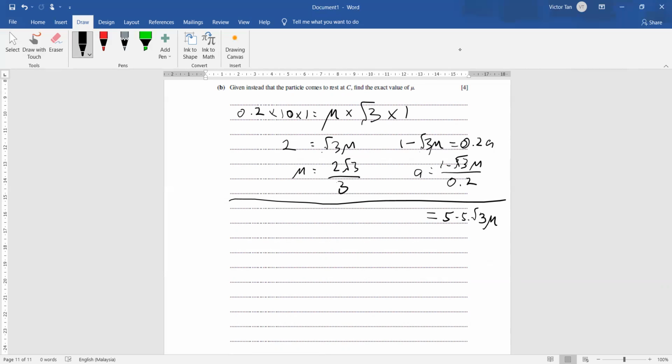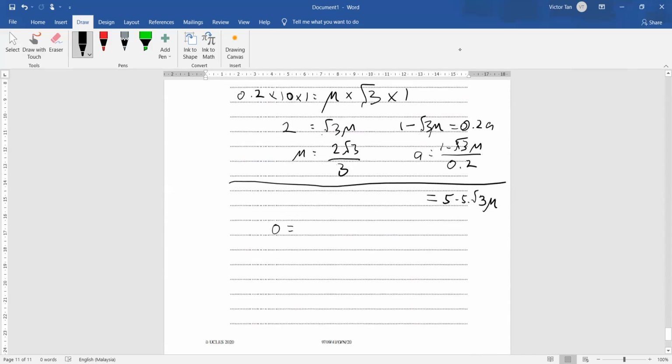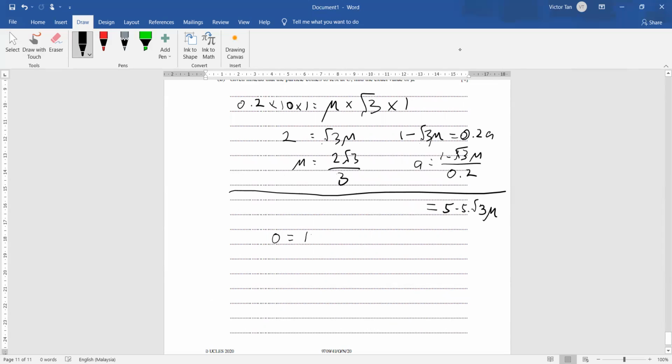So again, your final speed is 0, equals u squared, which is the same thing, 10, plus 2a times 1. So 5 root 3 mu is 10.